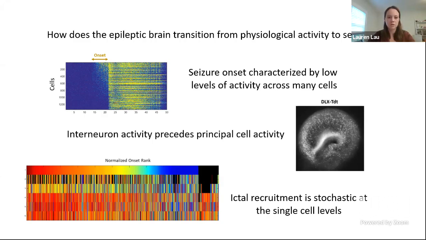Yeah, those are great questions, and I fully acknowledge that these are organotypics. It is for sure a reduced preparation, and I can't conclude that in vivo there may not be hub cells; they may have not ended up in our slices, or their processes may have been severed. So I wouldn't say that there's no role, but what it does suggest is that they're not necessary. In this preparation, lots of spontaneous seizures are being generated without hub cells.